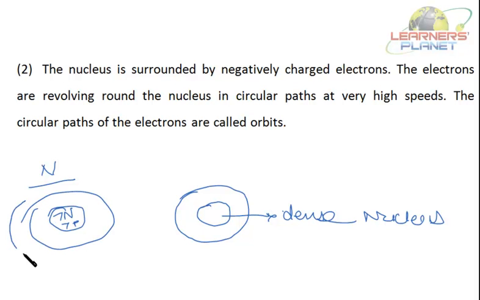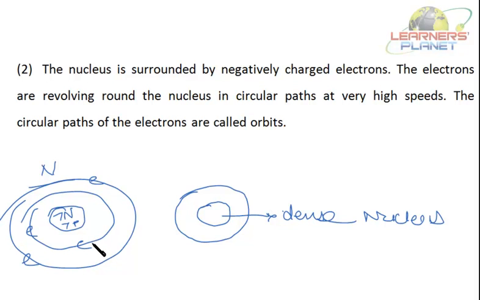Now how are these electrons arranged? He suggested that the electrons are revolving round the nucleus in circular paths at very high speed. That is, the 7 electrons are revolving round the nucleus.